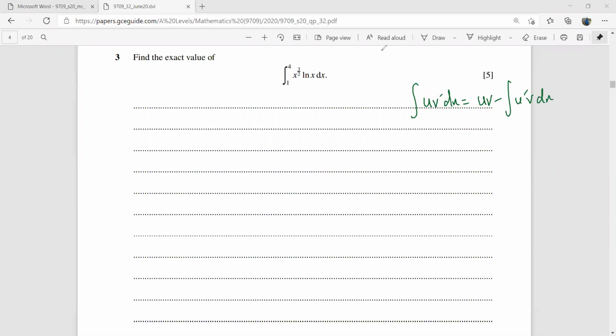When you have to decide which one is your u and which is your v dash, you see clearly this ln x cannot be your v dash because we don't know how to integrate it. So u will have to be ln x.